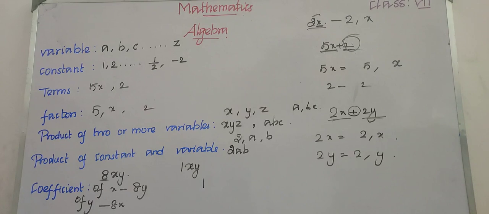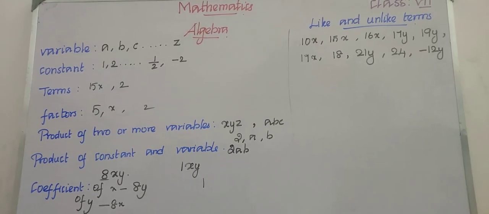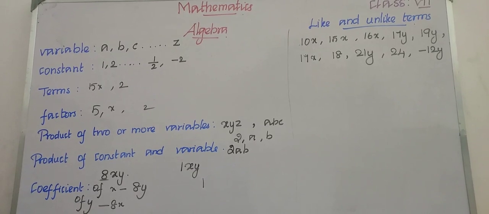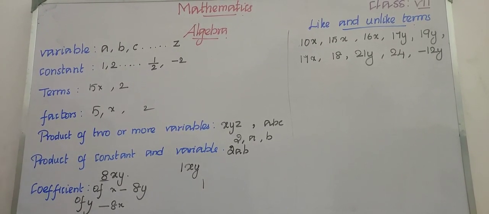Okay, children, the next we are going to learn is like and unlike terms. See, already we have learnt about like and unlike fractions, right? Like fractions means the denominator will be the same in fractions.